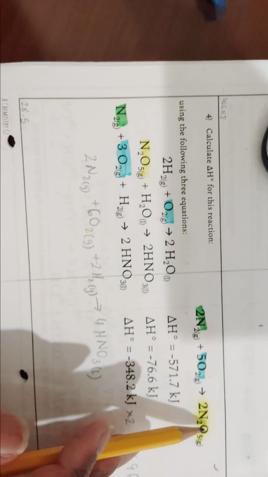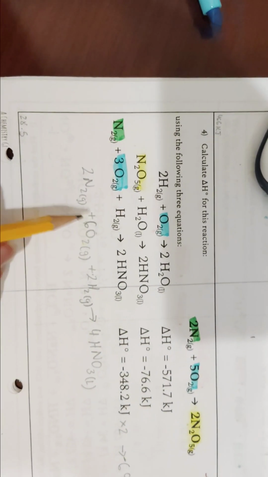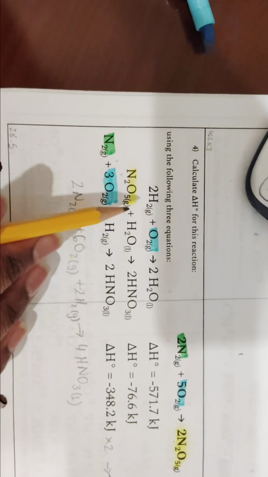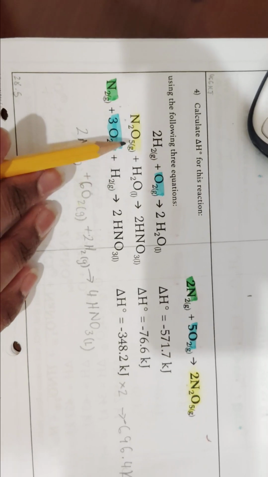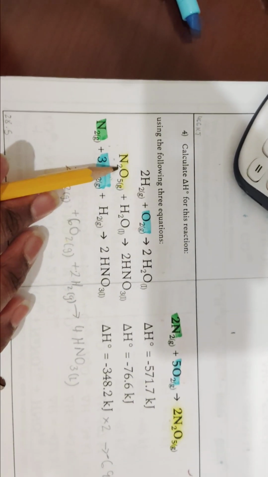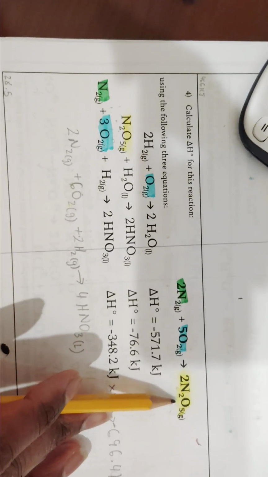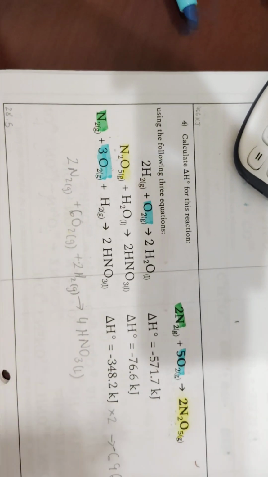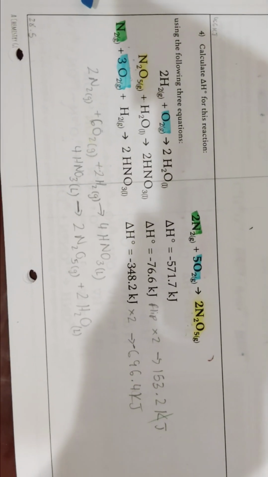And now we're going to go to the N2O5. Since we need 2 of those, we're going to do the same thing we did to this equation, but instead of leaving it alone, we're going to have to flip it as well, because this N2O5 is on the reactant side, while in the target it is on the product side. So I'm going to write that down here, and we'll be right back. Okay, guys, so we went ahead and did that.